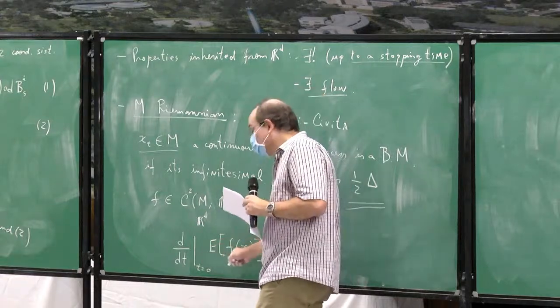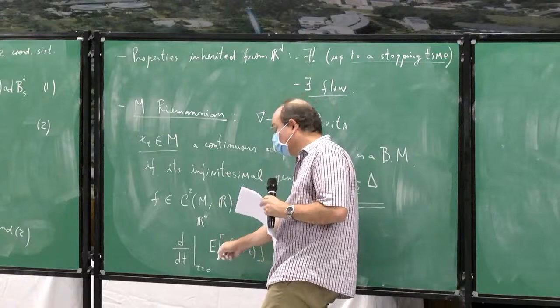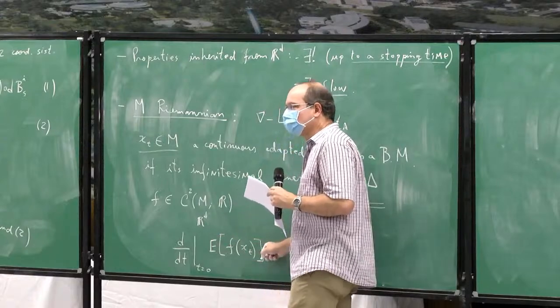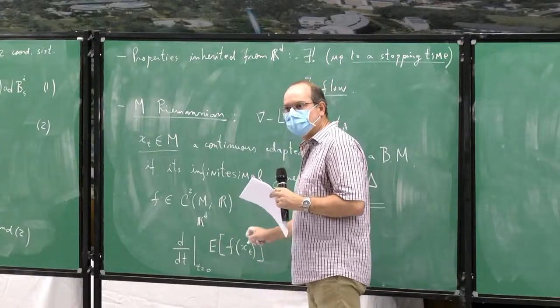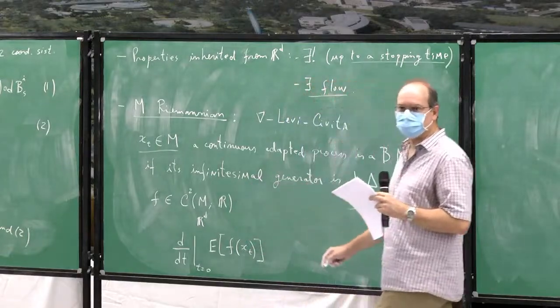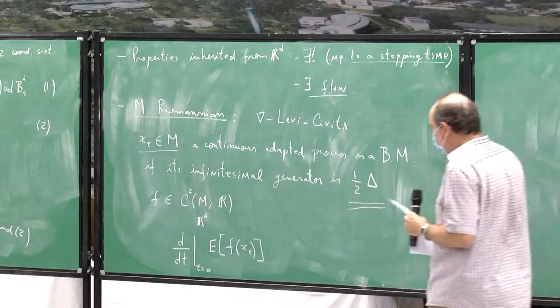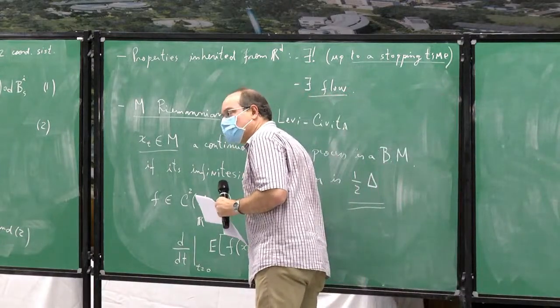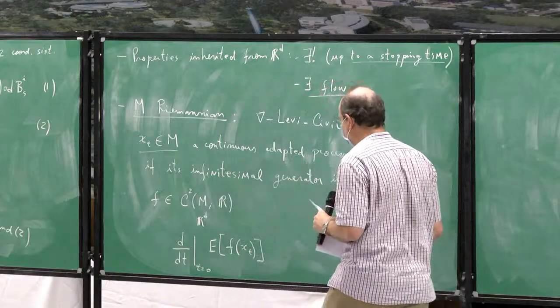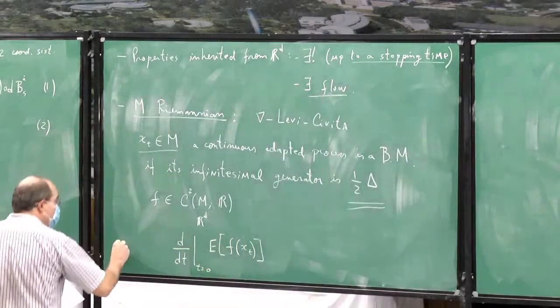Then the derivative turns out to be, the constant part vanishes. The derivative turns out to be mainly on the last part, the bounded variation. So that's why it's so easy, thanks to the Ito formula, to calculate this infinitesimal generator applied to F.